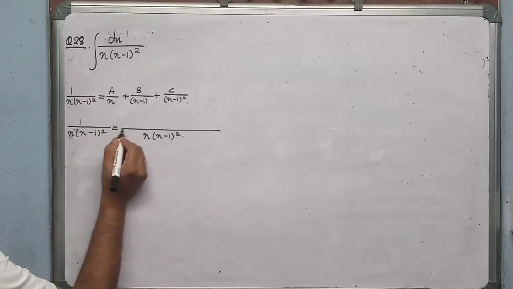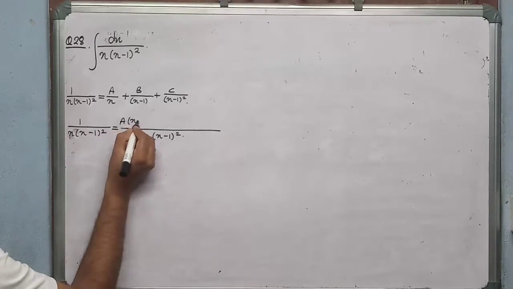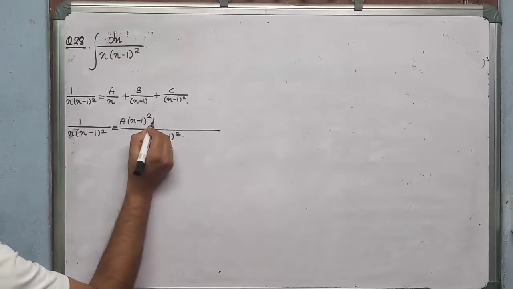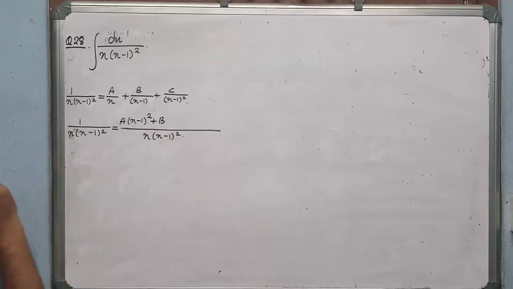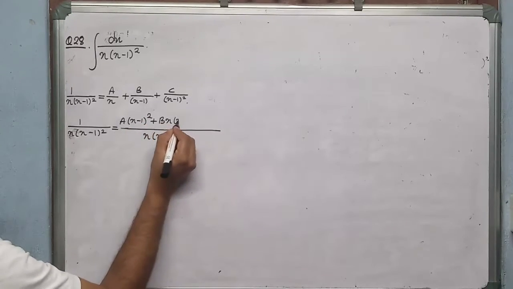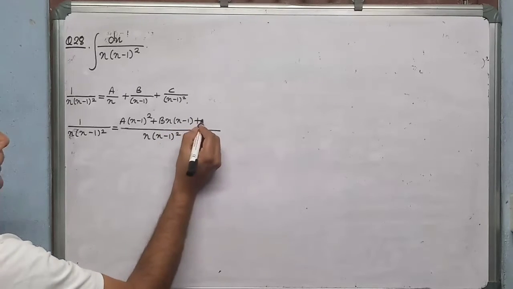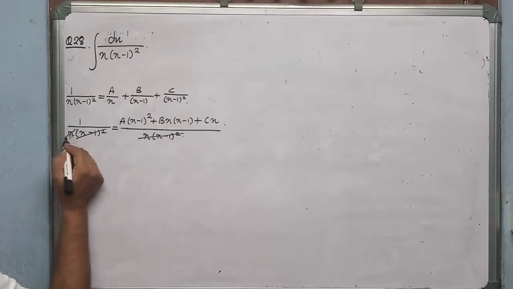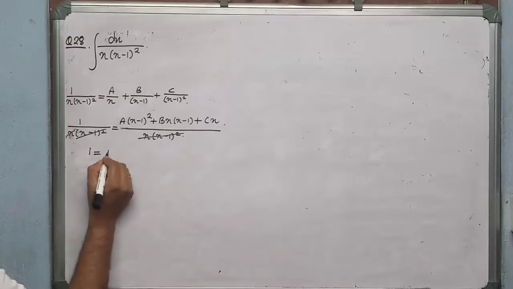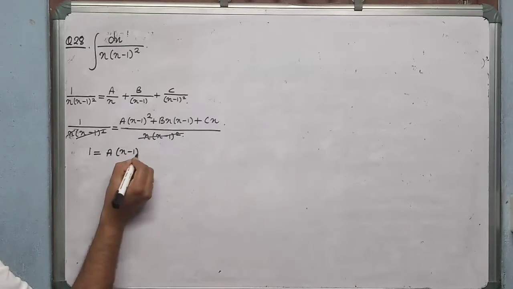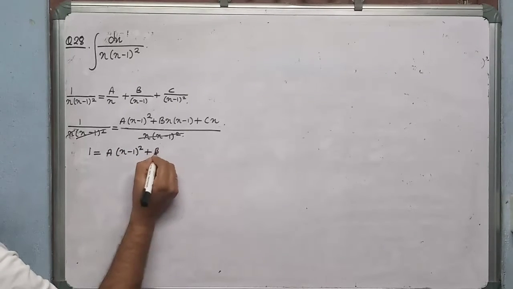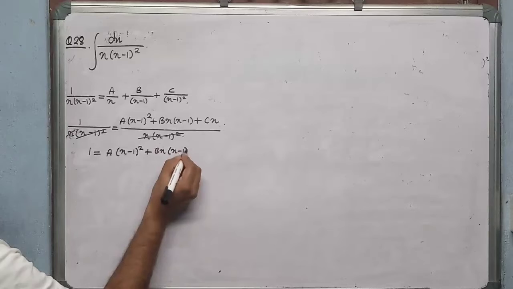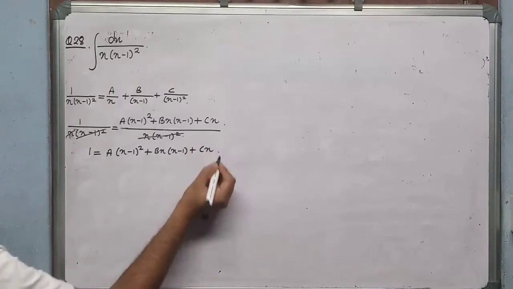Now it will be a into x minus 1 whole square plus b into x into x minus 1 plus c into x after the LCM, and these quantities get cancelled. Then 1 is equal to a into x minus 1 whole square plus bx into x minus 1 plus cx.